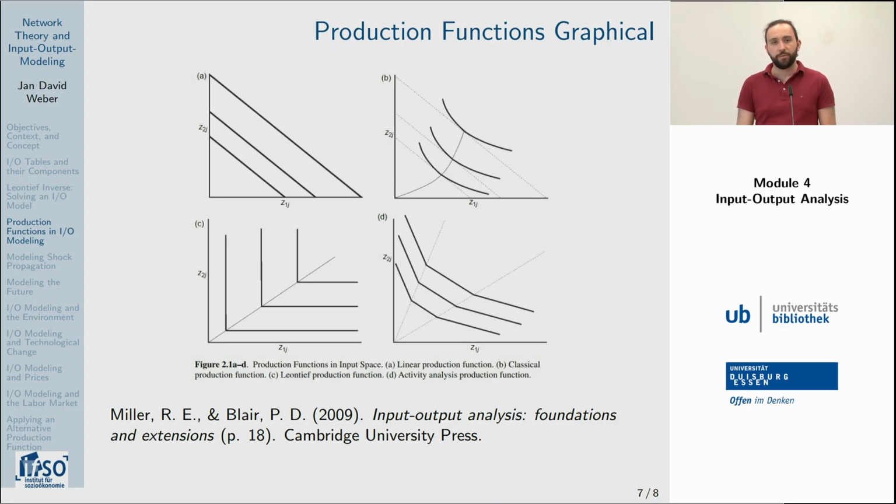So these are different ways how you can incorporate a production function to model economic activity in an input-output table. Keep in mind, the moment you diverge from the traditional Leontief production function, things get more difficult because you have to apply different mathematical frameworks to the input factors.